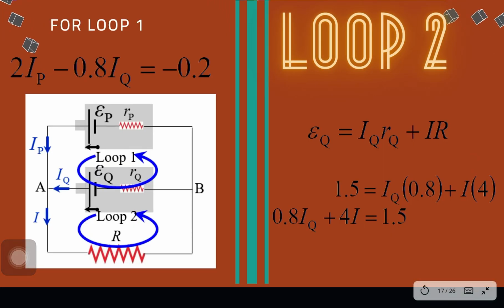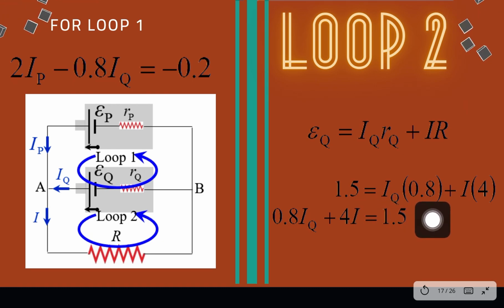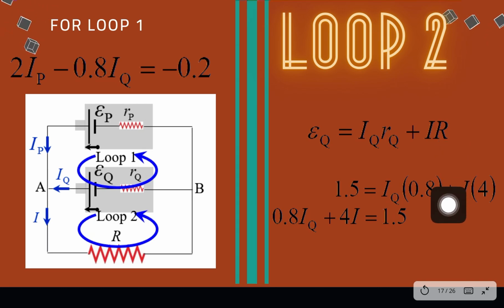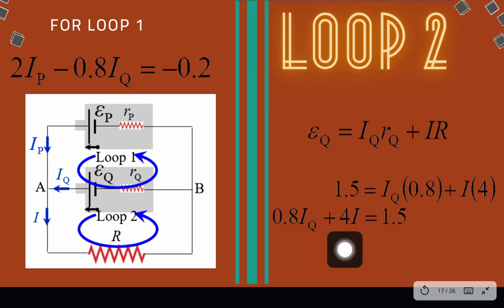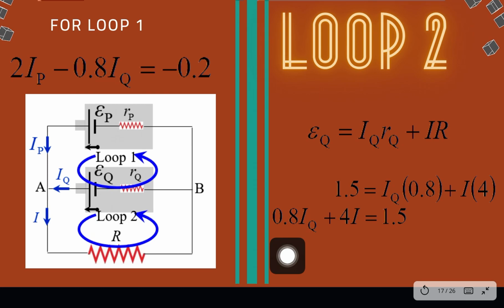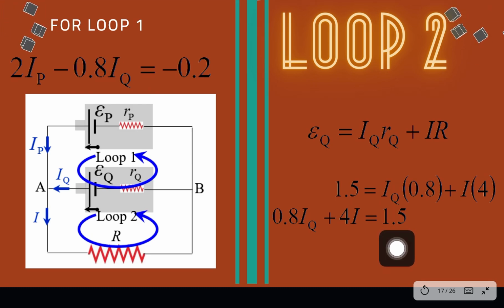Okay, how about loop 2? We substitute the magnitude of EQ with 1.5, then 0.8 for RQ and 4 for R, and rearrange the equation. It becomes 0.8 IQ plus 4I equals 1.5.